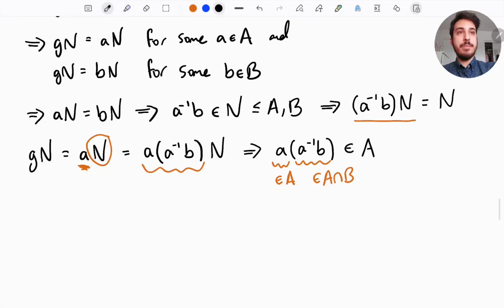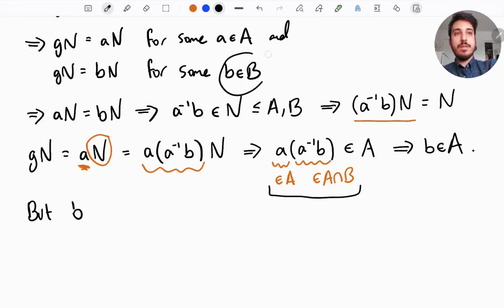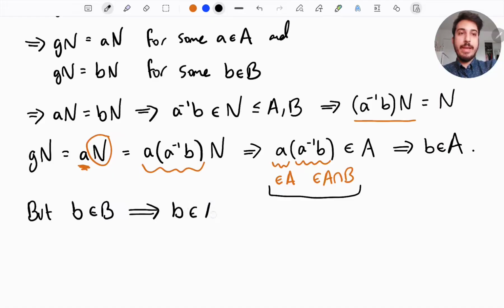So this means that b necessarily, because all of this is an element in A, this forces b to be an element in A. But we know that b, by supposition, is an element in B. It's both in A and B, so b is an element in the intersection of A and B.